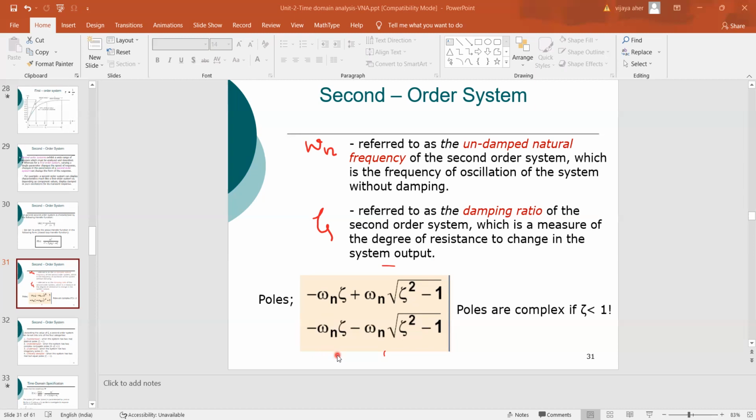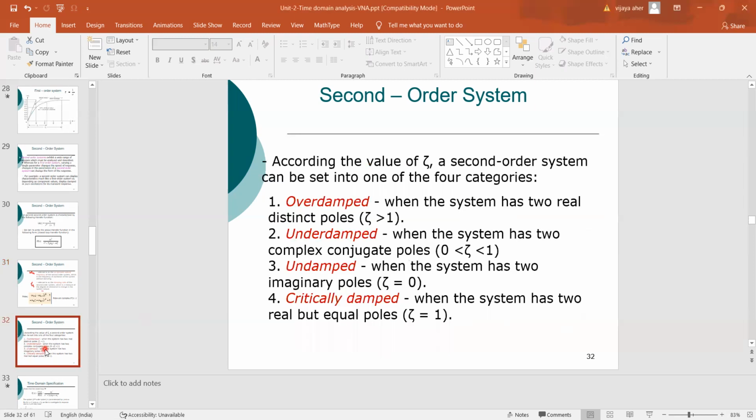You are going to find the poles of that characteristic equation, and if your system is second order system, these are the equations for poles. If the value of zeta is greater than 1, poles are complex in nature, complex conjugate. Okay, any doubt up to this? Students, any doubt?